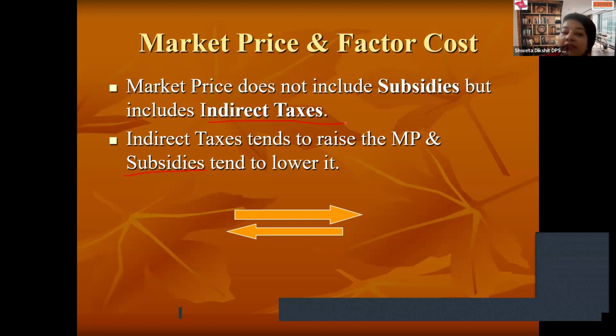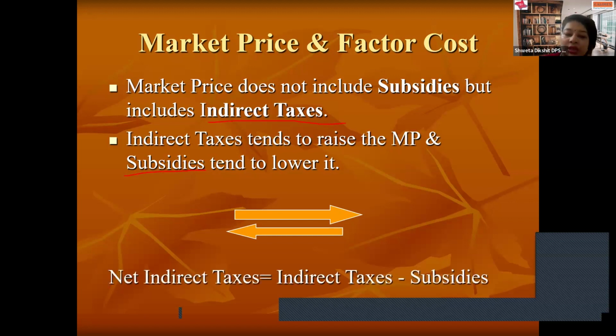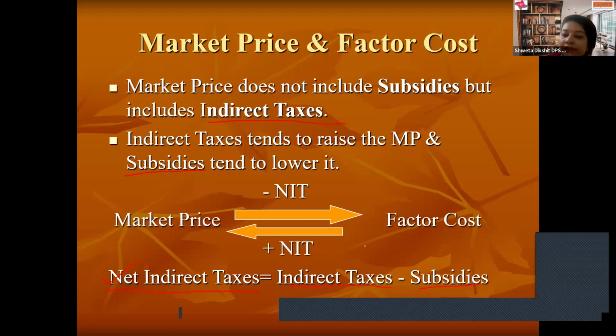That net value has to be added to convert the factor price into the market price. Therefore, we need net indirect taxes. I repeat, we need net indirect taxes. Net indirect taxes means indirect taxes minus subsidies, which helps us to convert market price into FC or FC into MP.